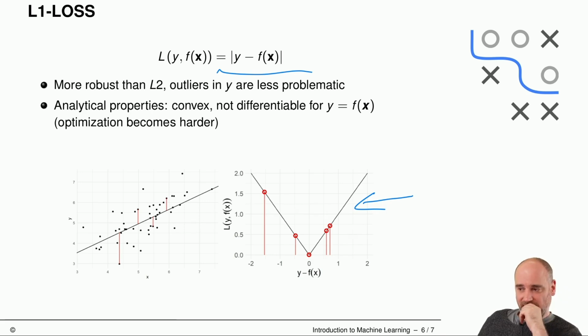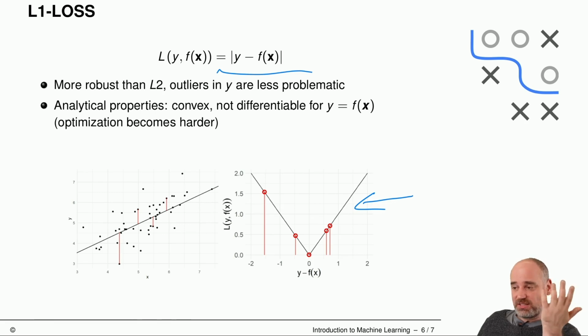Later on, we are going to talk a little bit more about that. This is actually what we would call a robust loss function. It's way more robust than the L2. Robust here means that if I have outliers in Y, and I mentioned this before, L2 likes to really drive down super large residuals.